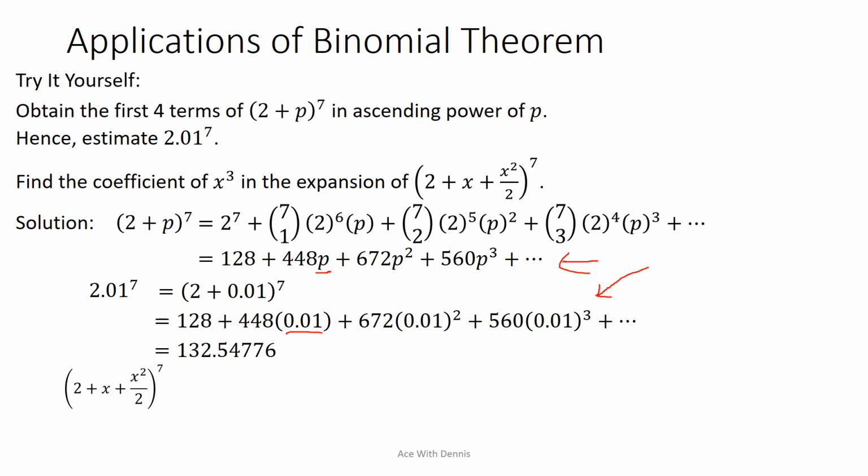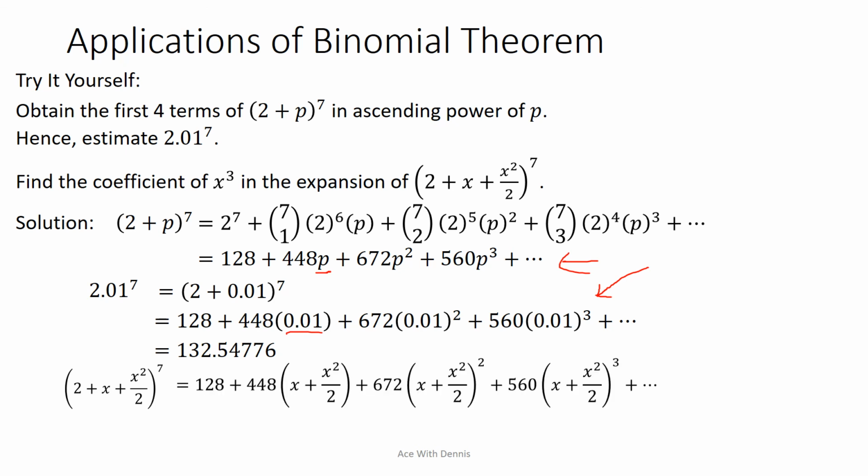Lastly, we have (2 + x + x²/2)^7. When we expand, we use the same expansion here.